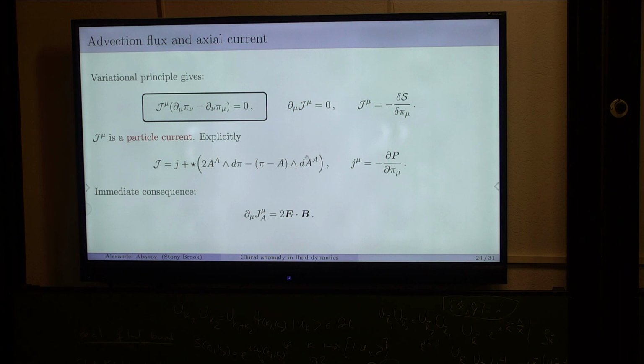But then there is a correction due to the derivatives. And an immediate consequence of this is that this equation is still the same, because we derived it without taking into account any particular form of the action, so it's still correct. The question is what happens with actual currents and with the energy momentum tensor.